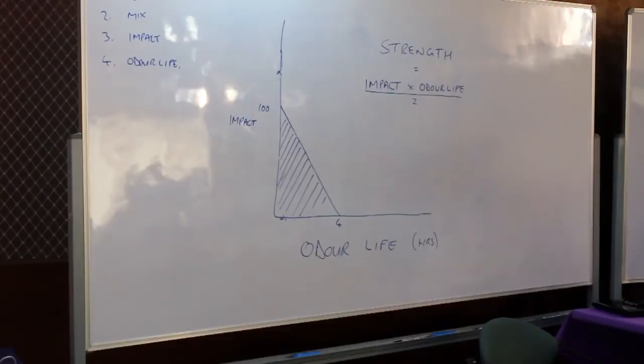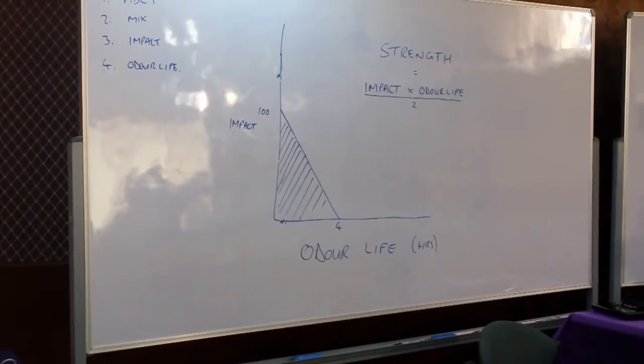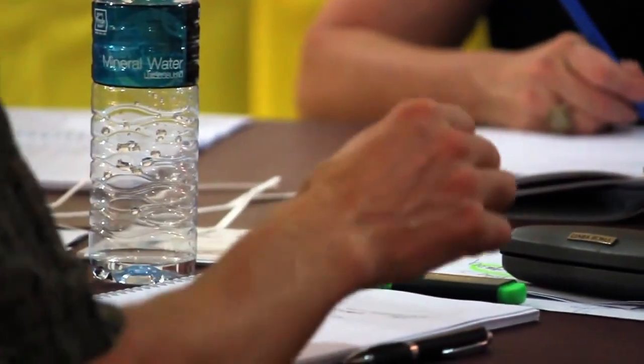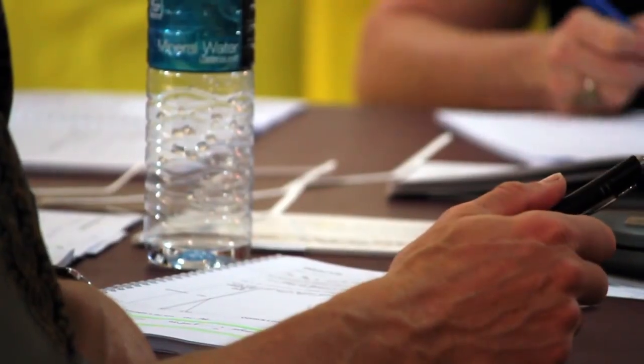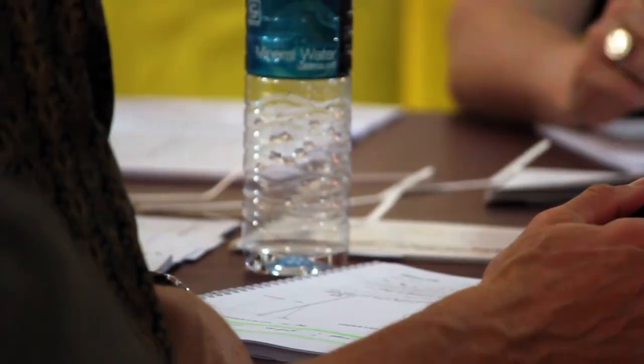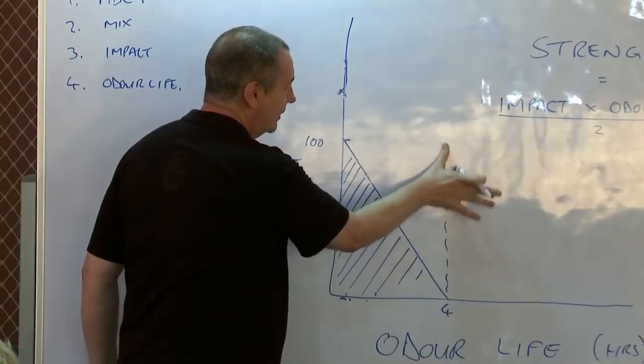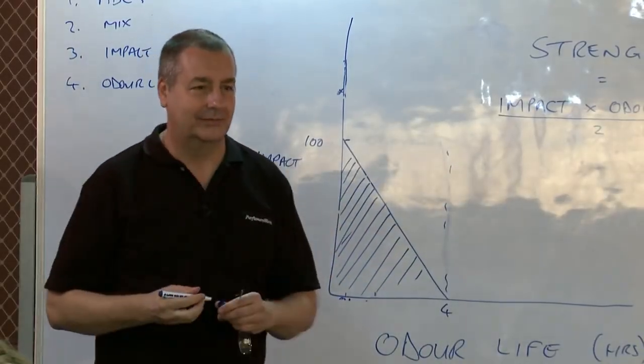So that would be 200. We have 200, you could call them odor units. It's a mathematical thing. If we don't divide by 2, it's a square. We divide it by 2 because of the triangle.